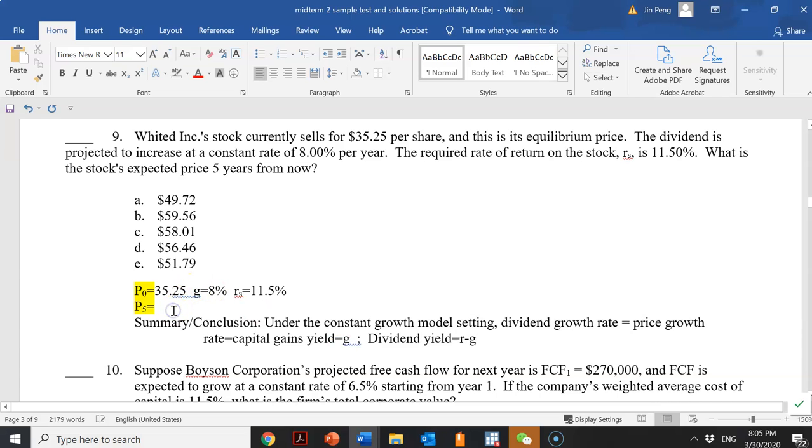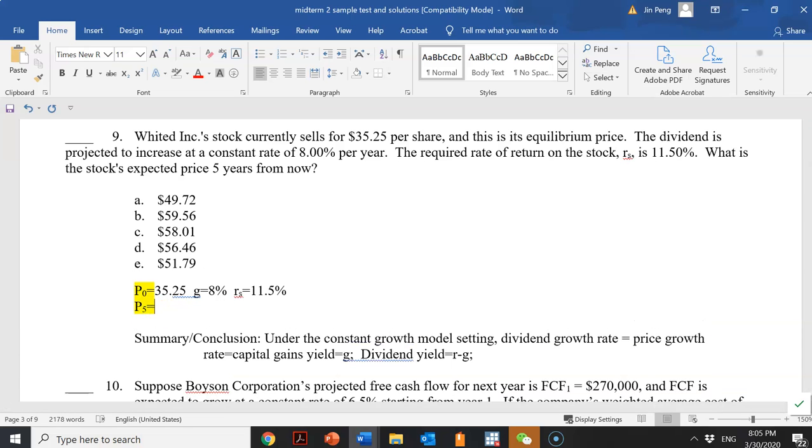Okay, here, because we know that our price grows at the rate of G, so P5 becomes P0 multiplied by 1 plus G to the power of 5.